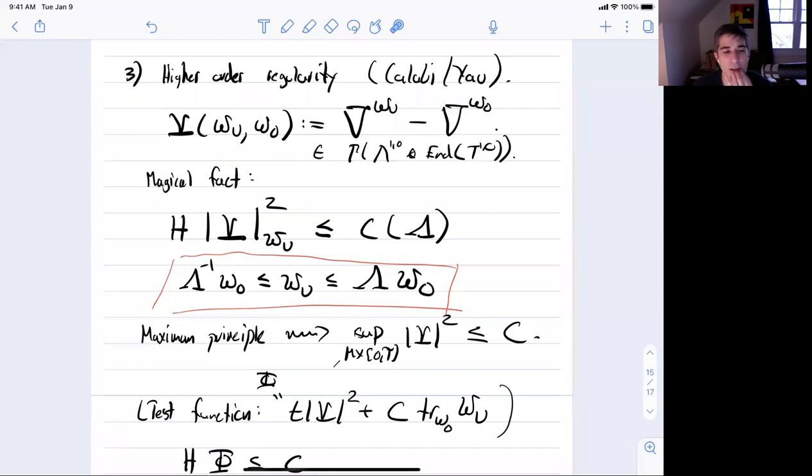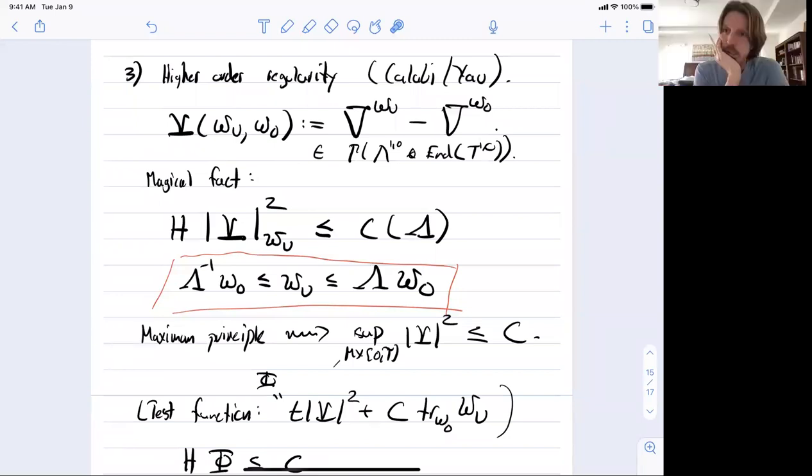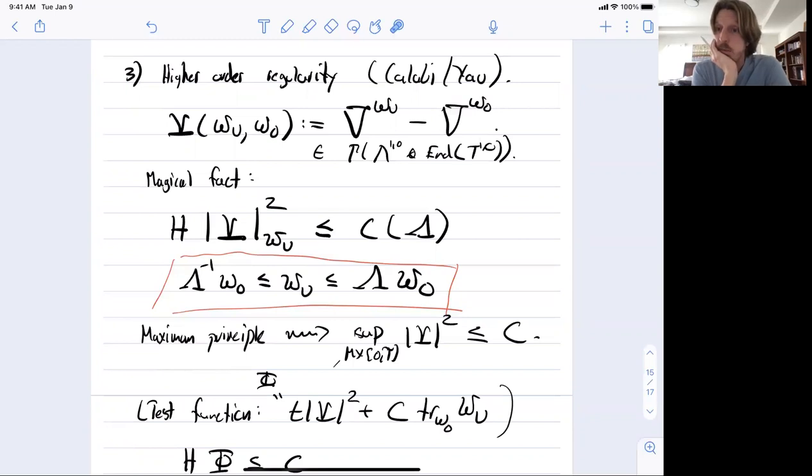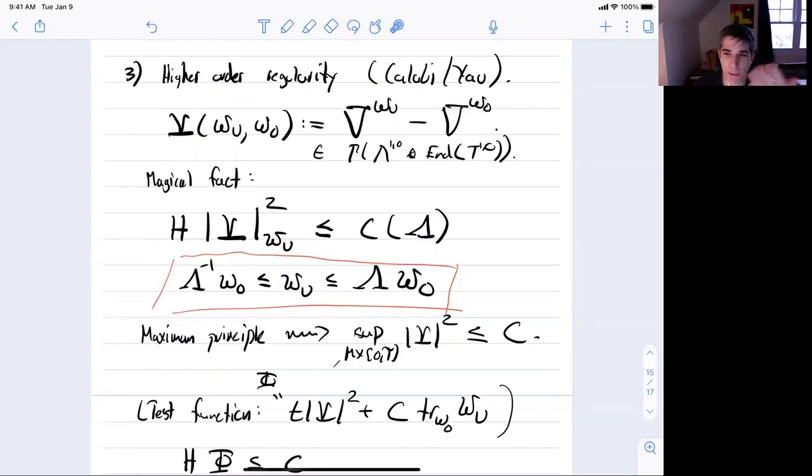I have yet to make any such tensor maximum principle work for pluriclosed or generalized Kähler-Ricci flow. But is this for the Laplacian on forms, or is it a different notion of maximum principle? You're saying tensor maximum principles. I don't know what those are, but presumably it's using the Laplacian on forms.